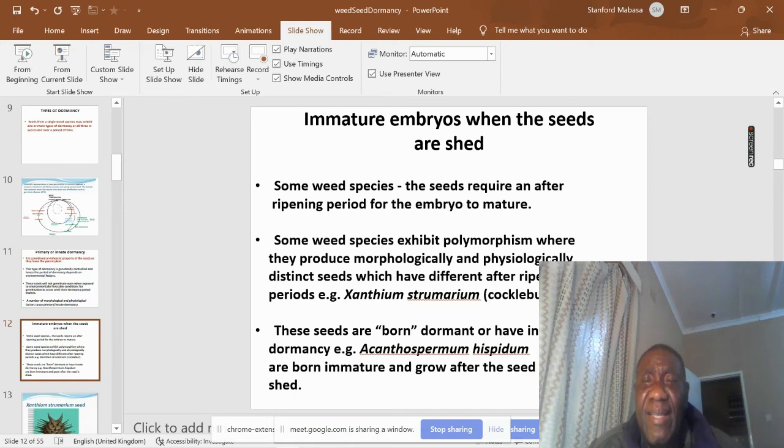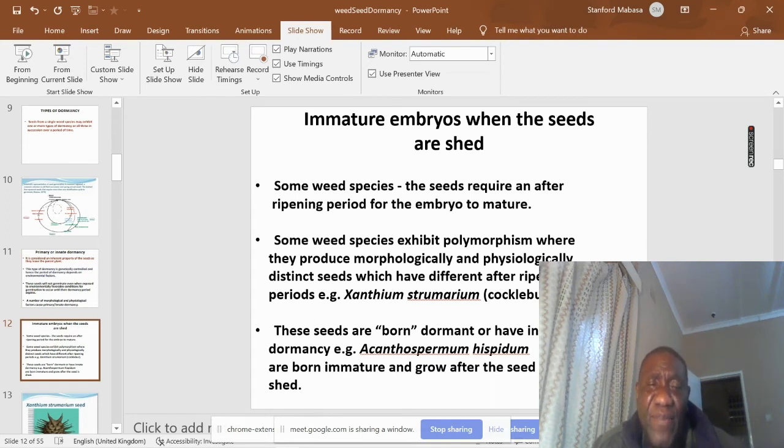It's the condition where you have a plant producing different types of seeds, which are morphologically and physiologically different. You may have seeds which are born dormant or have innate dormancy. One of the examples is Acanthospermum hispidum.